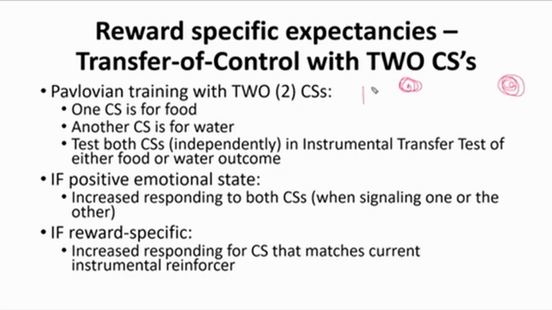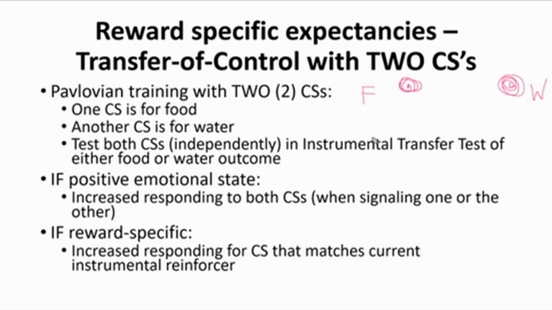The left one is associated with food and the right one with water. To set up this conditioned association, the left light would turn on briefly and then food would be delivered. The right light would turn on briefly and then water would be delivered. And this is repeated until there's an association between this light and food and that light and water.